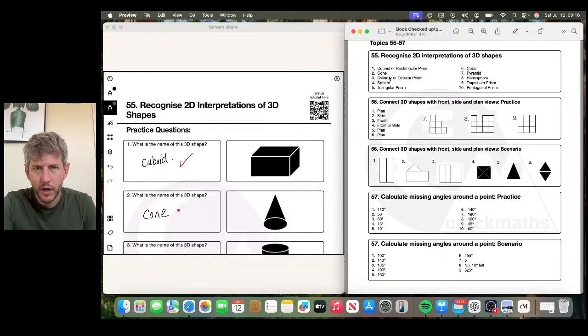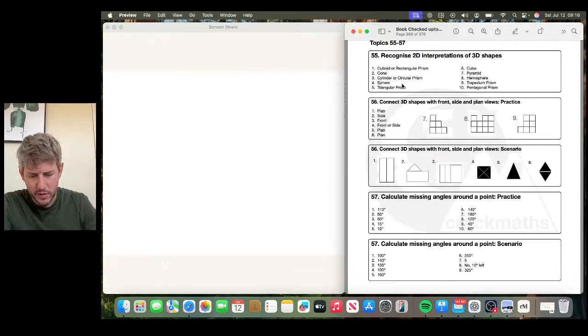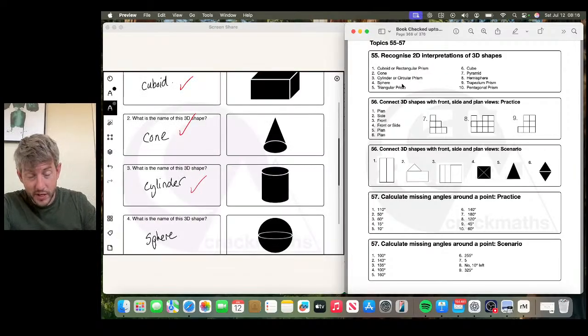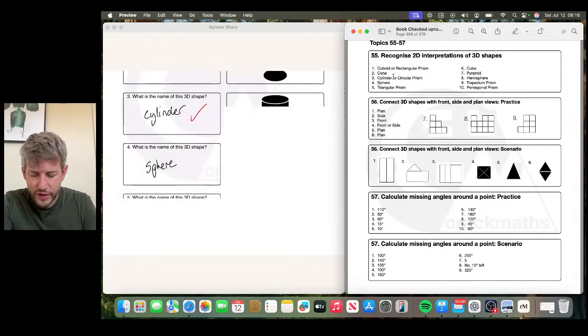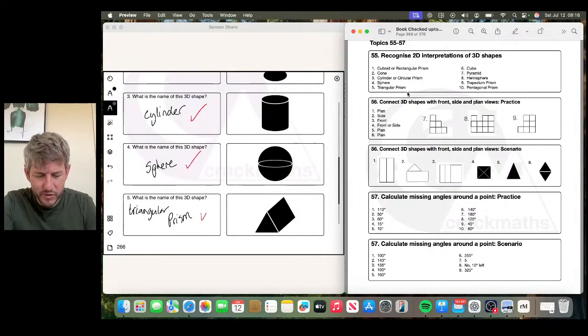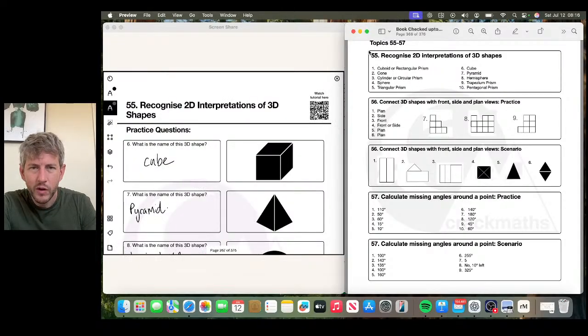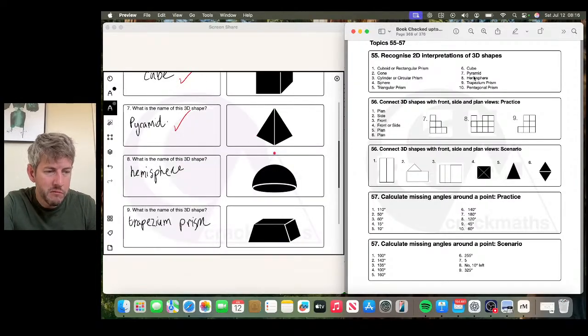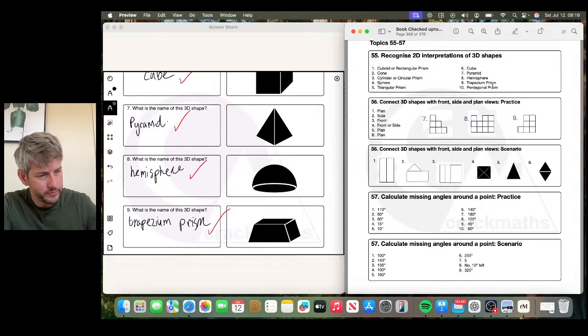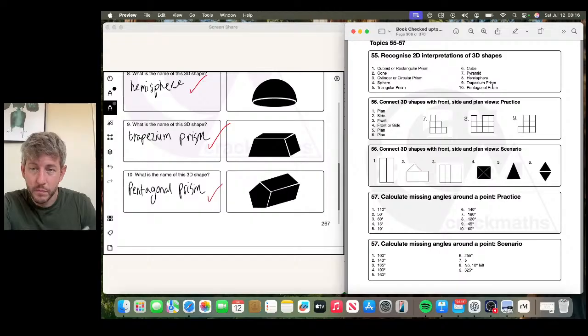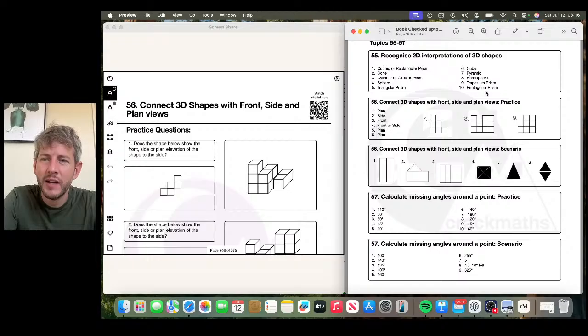Cone. Cylinder or circular prism. Sphere. Triangular prism. Cube. Pyramid. With the pyramid, sometimes you'd say square based or triangular based, but we can't tell with this one. Hemisphere, trapezium prism, and pentagonal prism. Okay. Right, next topic.